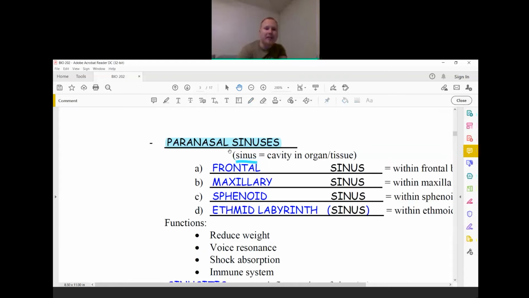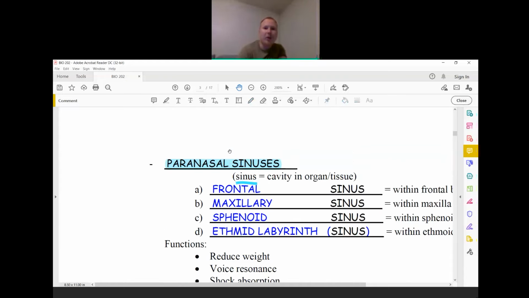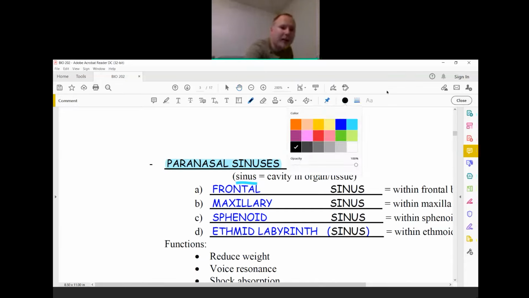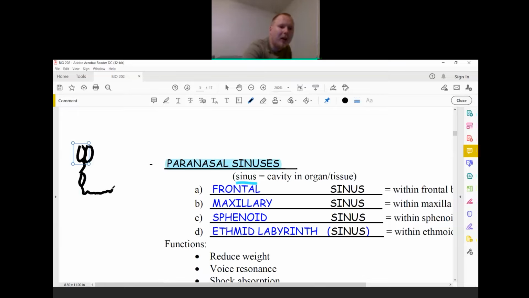And to go through the paranasal sinuses, I'm going to again do a quick sketch of a skull. So we're going to first do a skull from the side. Here are the eye sockets. We have the nose. We have the upper jaw teeth, lower jaw teeth, mandible, and then the rest of the skull.